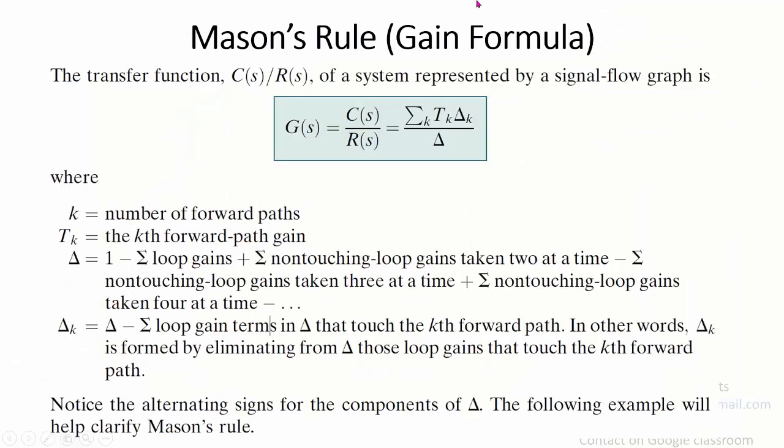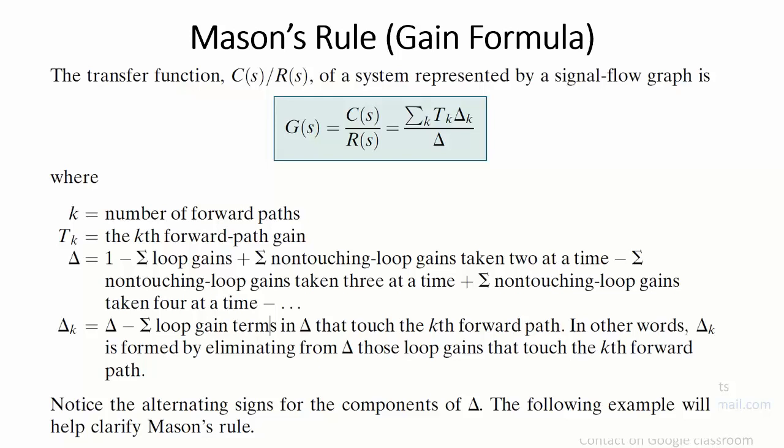So till now we talked about how to obtain signal flow graph, but eventually we have to obtain the transfer function using SFG. So the reason that we drew SFG is the final thing that we require is the transfer function of the system.